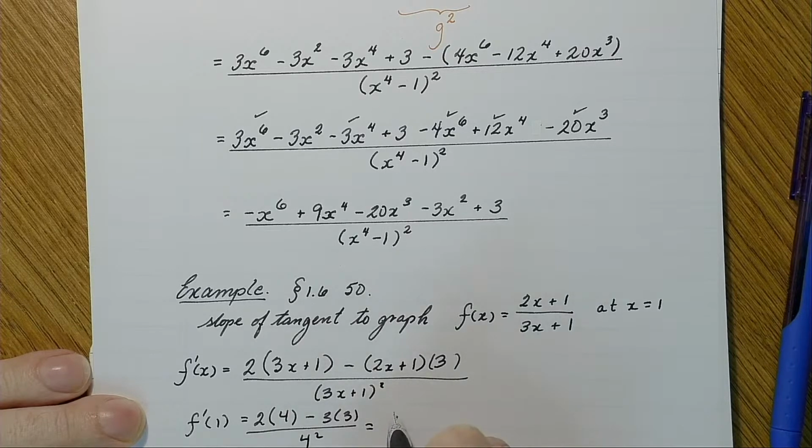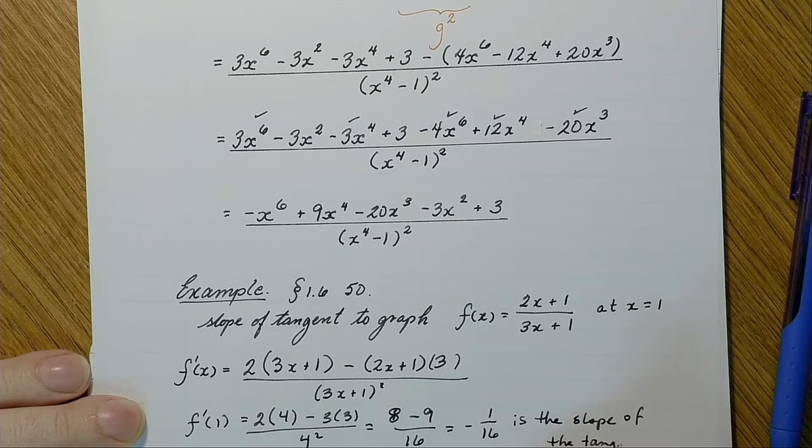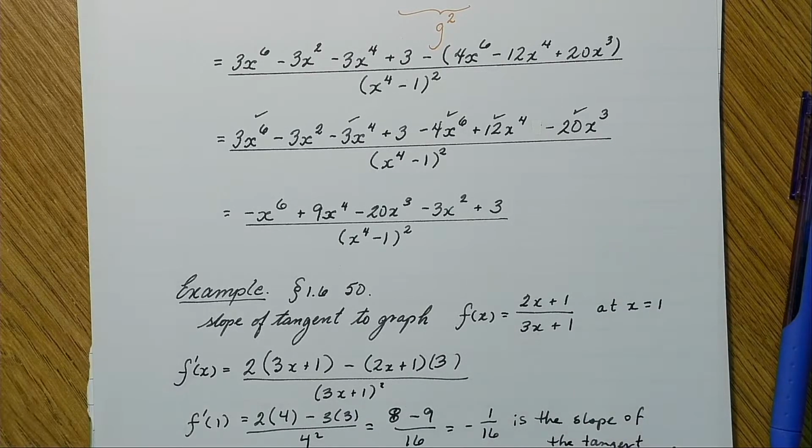So that equals 8 minus 9 all over 16, which gives me negative 1/16, is the slope of the tangent at x equals 1 for f of x. Okay?